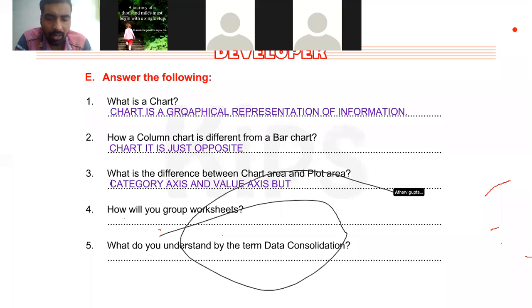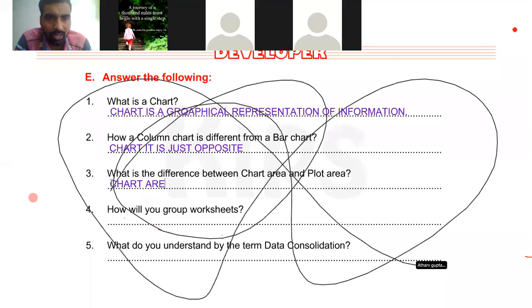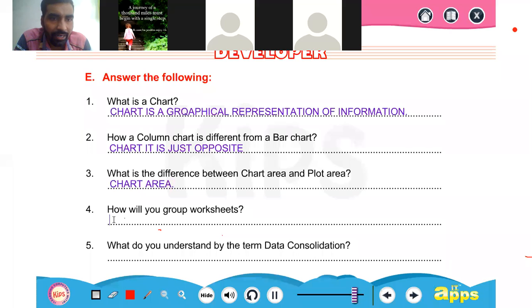But plot area is the actual chart area. Plot area is the actual chart area. This is the answer.